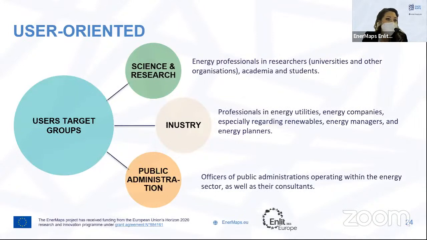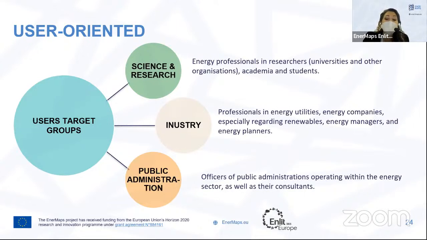It is also very much user-oriented because we do identify three main target groups among our potential users. The first is science and research: energy professionals in research, be them universities or other research centers and organizations, academia and students, could be the main target group for EnerMaps.